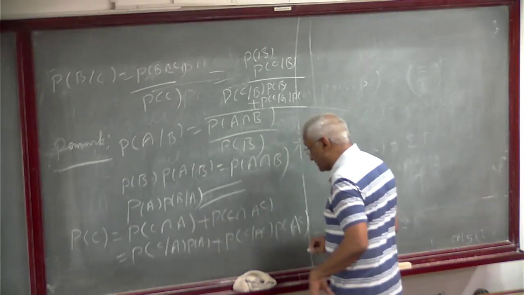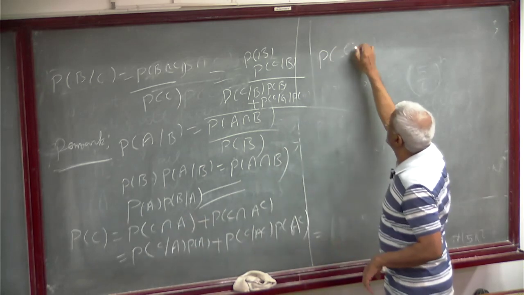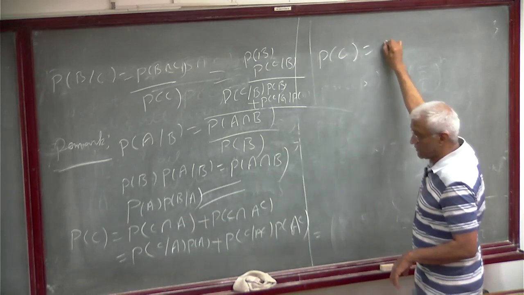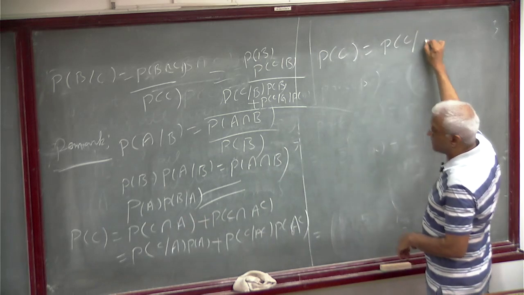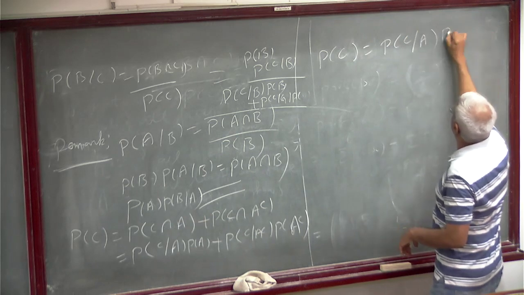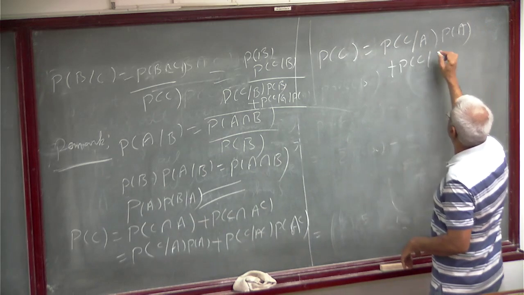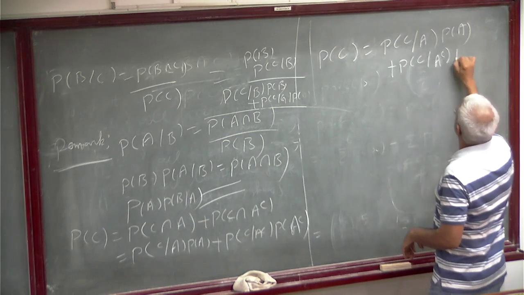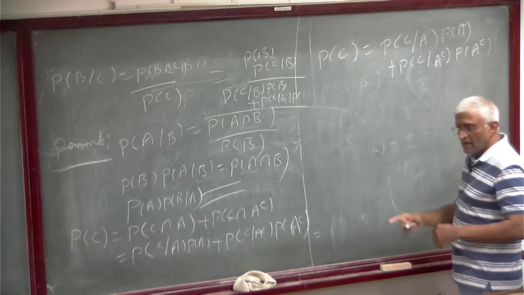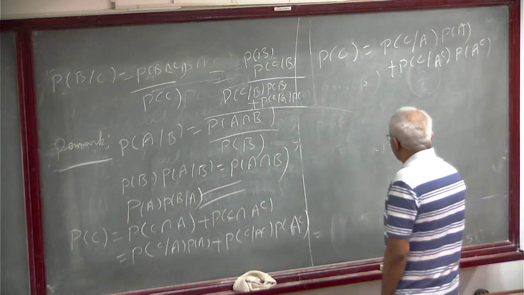So this is our formula: P of C equals P of C given A times P of A, plus, I'm just writing it again, P of C given A complement times P of A complement. Here G complement is B in that example.